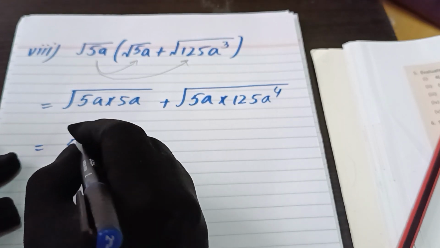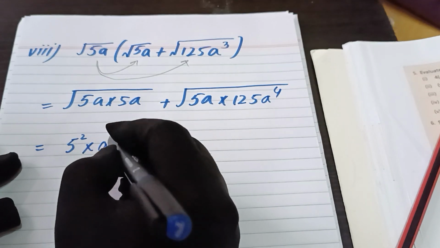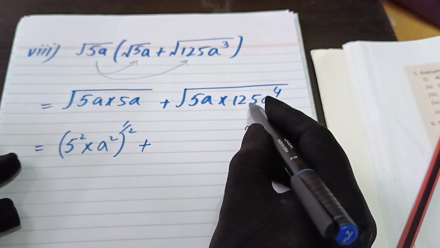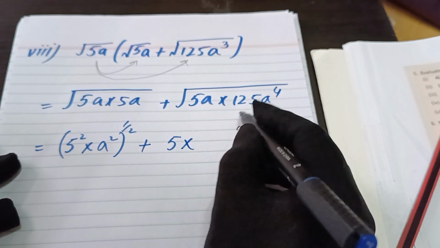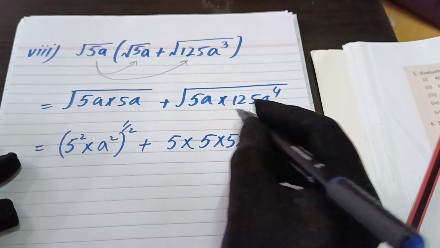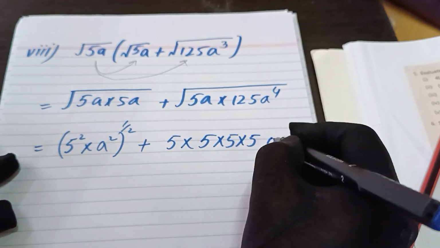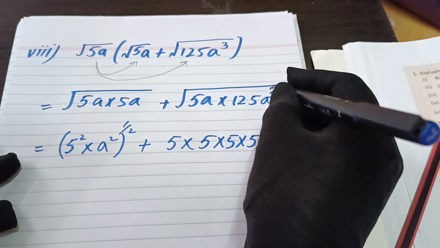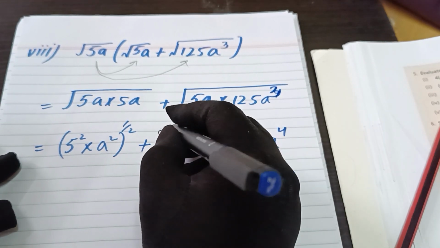It will become 5 a square, exponent is 1 by 2. 5, 25. You get the factors of 20, that is 5 times 5 times 5, 5 power 3. A 1 and A 3, 1 and 3 become 4.